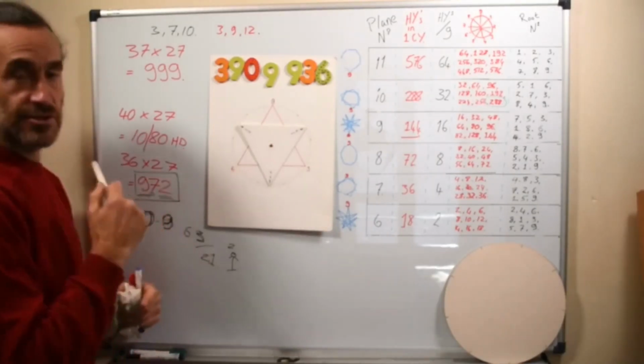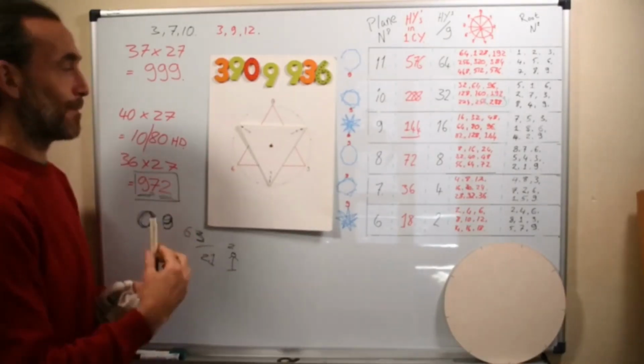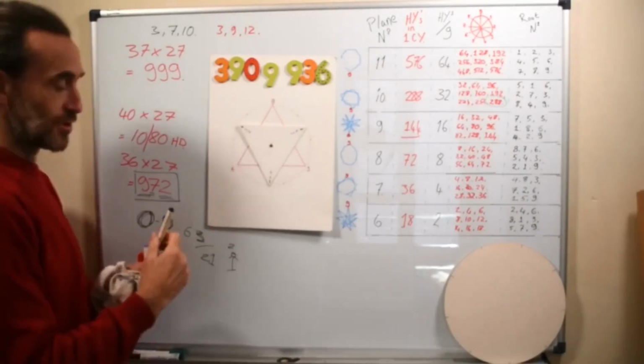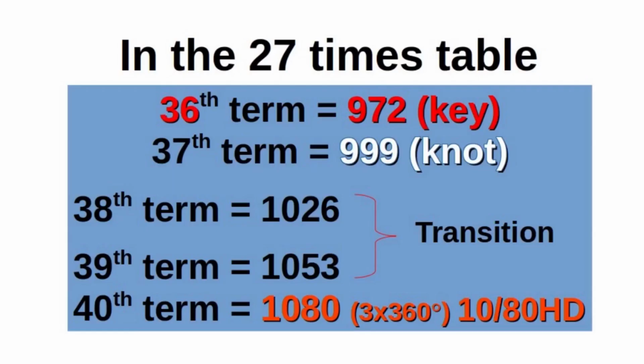But it doesn't all happen fluidly in one moment. We have to stay with that. And even once we've started to bring the energy back down, there's still the 38th term and there's the 39th term of the 27 times table before we reach the 40th term, which is when the 27 finally fits into the 360 degree pattern at 1080.